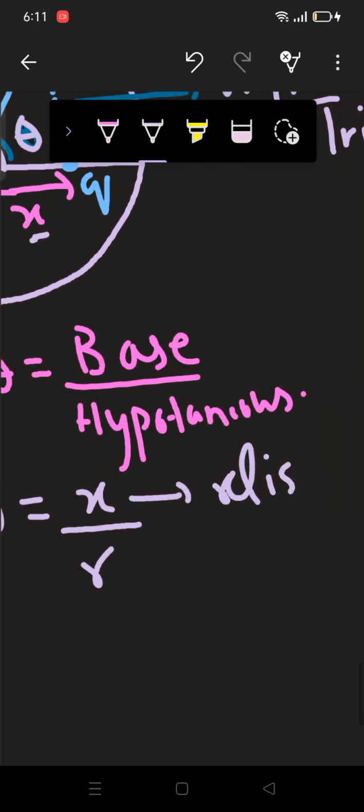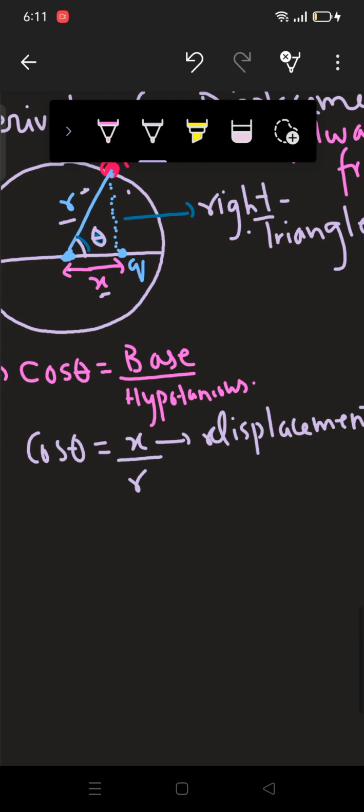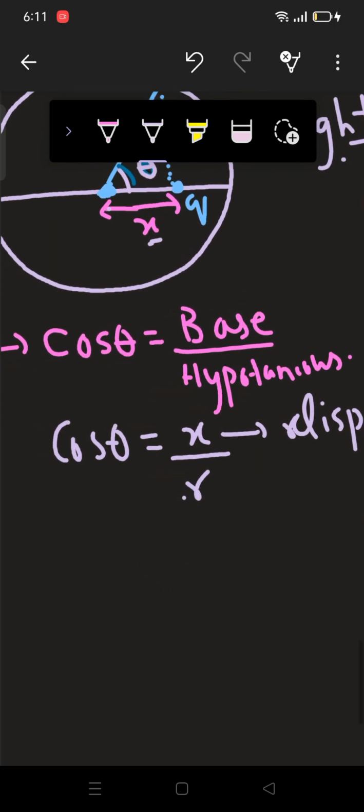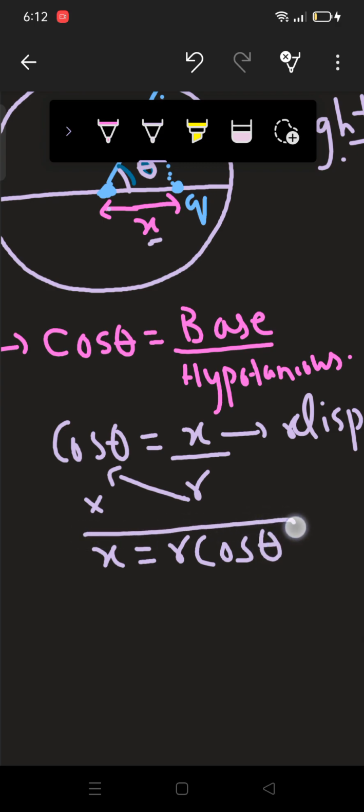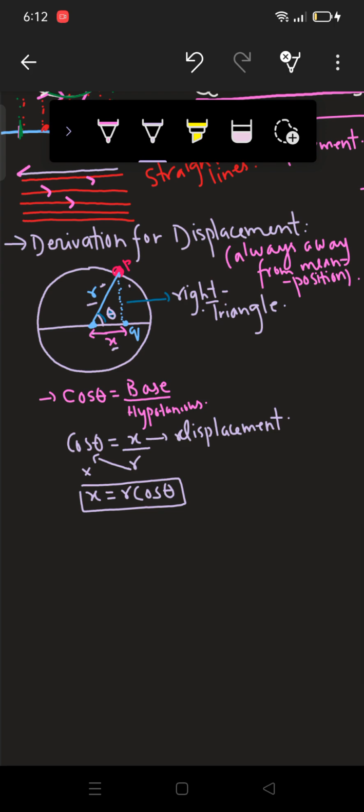Since r is dividing here, when it goes to the other side it will be multiplied. So x is equal to r cos theta. This is the formula for finding the displacement. X is equal to r cos theta.